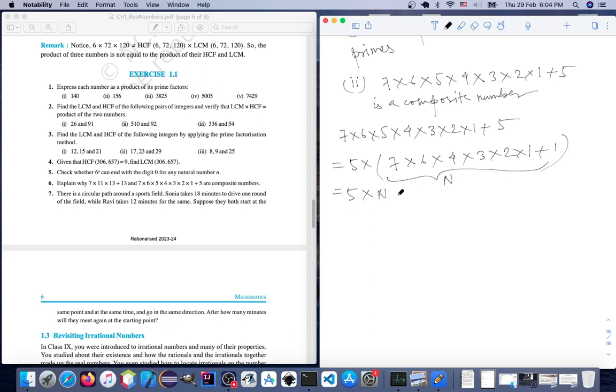Now, whatever the value of n is, it is some natural number. 5 into n is always a composite number because it has at least one prime number as a factor, because a number which is not composite has to be a prime number, and a prime number has no factors other than the number itself and 1.